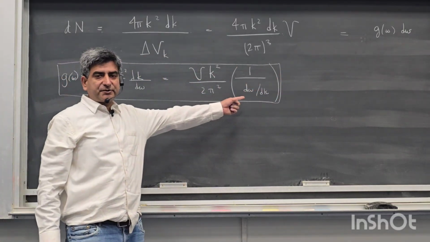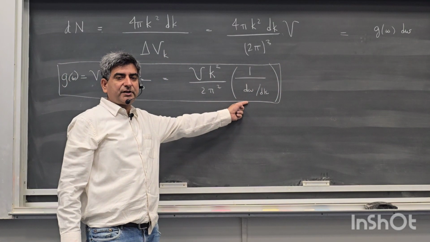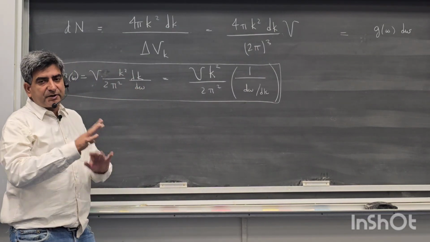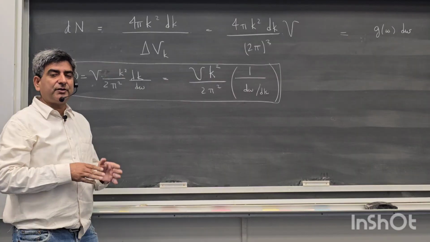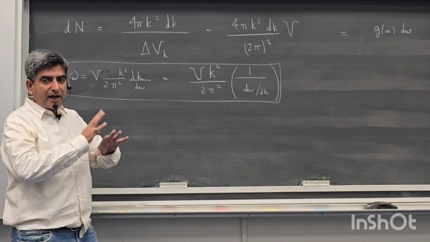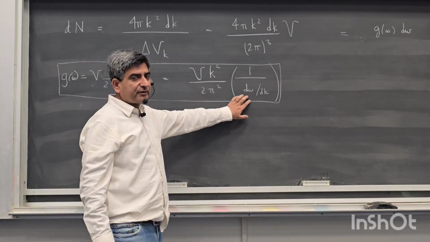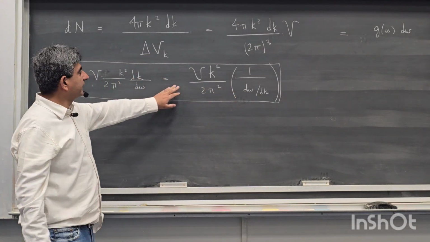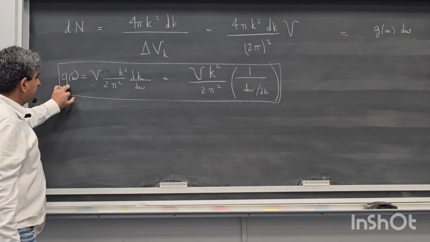I need to know the dispersion relationship in order to find the group velocity. And as we've seen, for 3-dimensional solids the dispersion relationship is also dependent upon the direction in the k space that you're taking. So if you have the dispersion relationship, you find the group velocity, you put it in the denominator, and you compute this value, you'll get g omega.